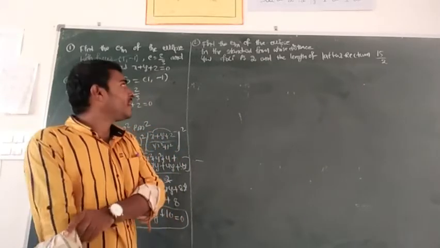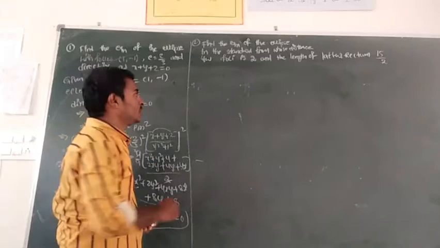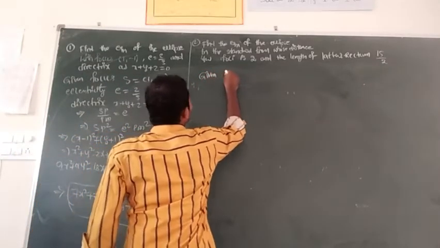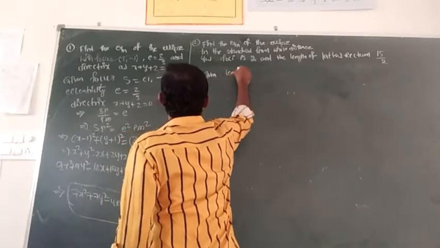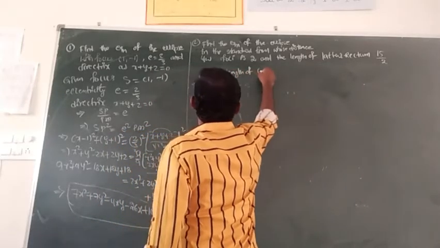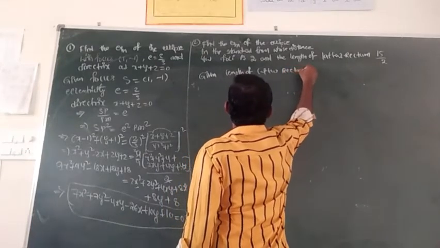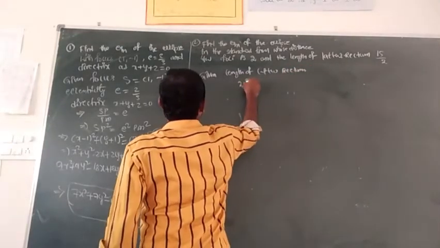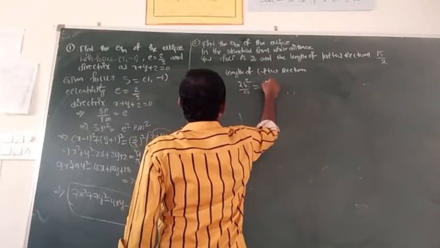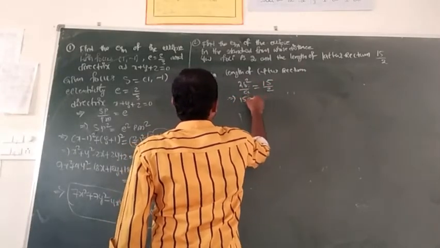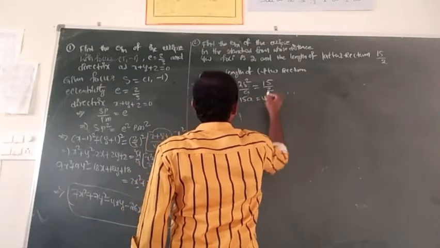To find the equation of the ellipse, we take the given length of the latus rectum, that is 2b square by a equal to 15 by 2, so 15a equal to 4b square.